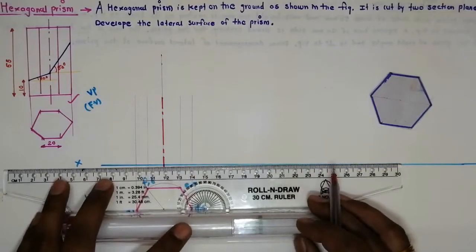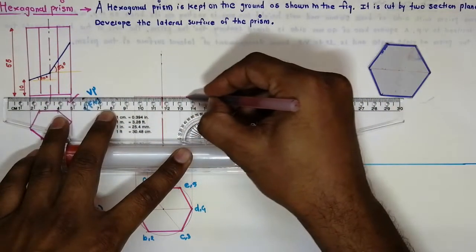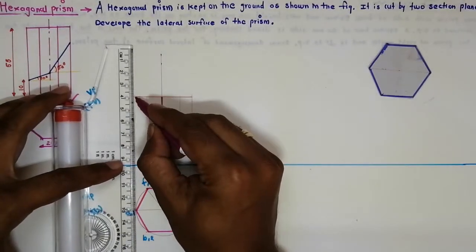Okay, and complete the rectangle here. This axis height is 55. So we'll complete this.